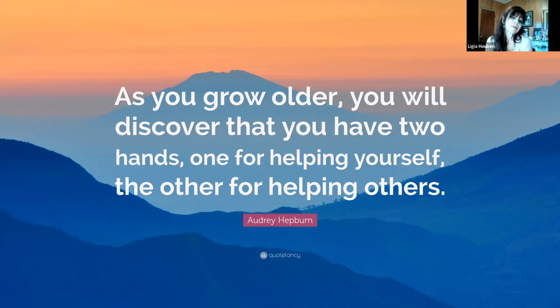And she said this: as you grow older, you will discover that you have two hands, one for helping yourself, the other for helping others. She mentions that. One for helping yourself. She didn't say you have two hands to help others. No, because we want to help ourselves.